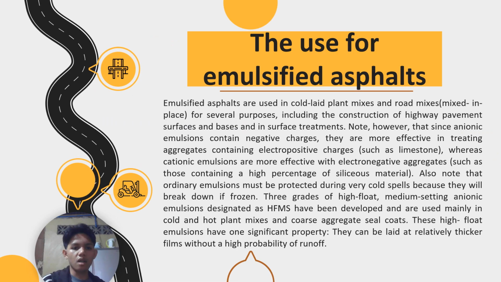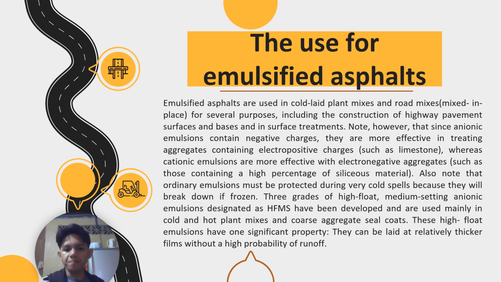Now let's look at the use of emulsified asphalts in general. Emulsified asphalts are used in cold laid plant mixes and road mixes mixed in place for several purposes, including the construction of highway pavement surfaces and base and surface treatments.